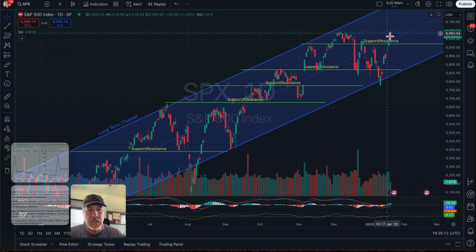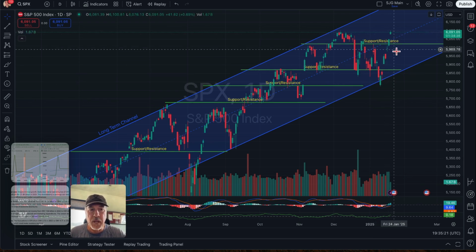So SPX, we're forming a pattern here today, which is called a doji. What a doji is, when you have a period of a strong run up and then a gap above the prior close, and then you end up with indecision.